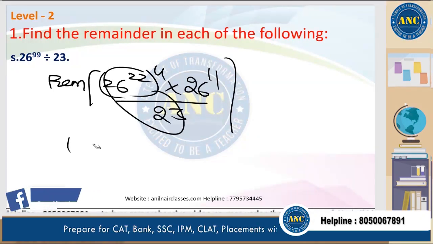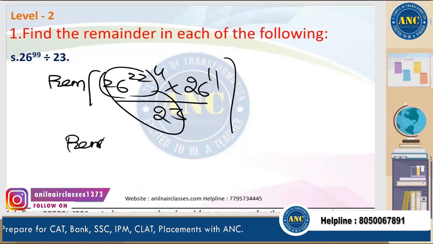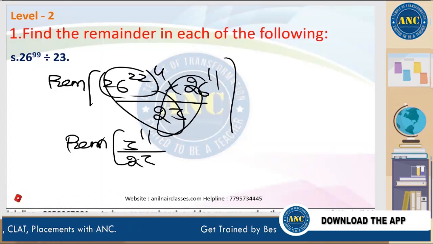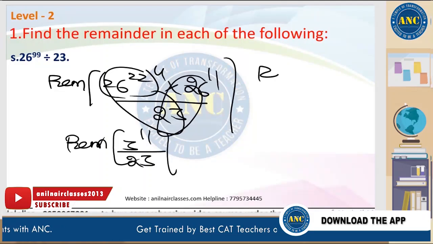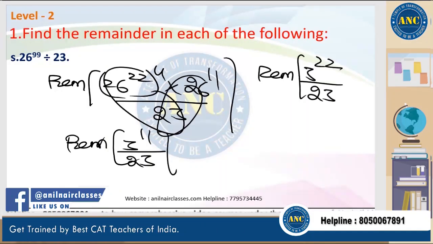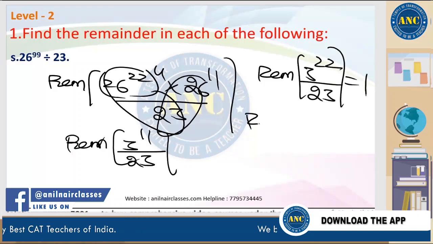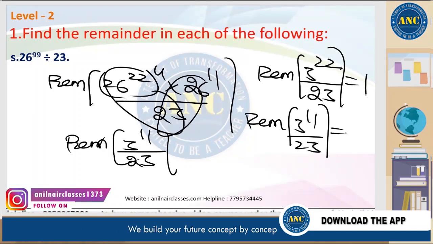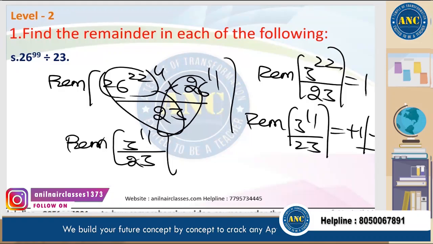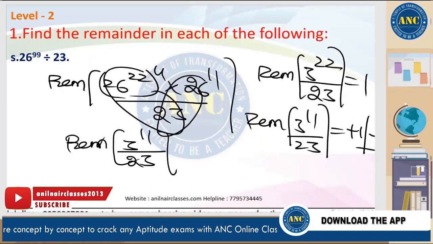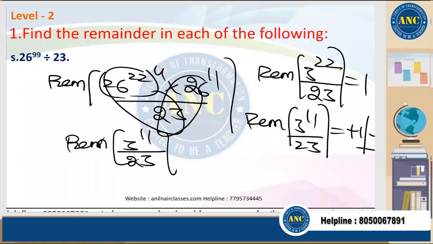Now here your knowledge is very important. 3 power 11 divided by 23: 3 power 22 divided by 23 is 1, so 3 power 11 divided by 23 will either be plus 1 or minus 1. Please check it out. I hope it is clear, right?